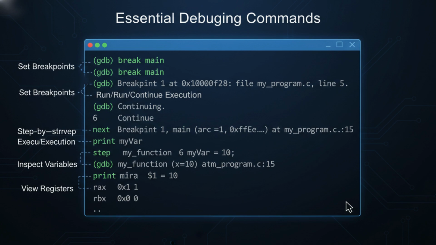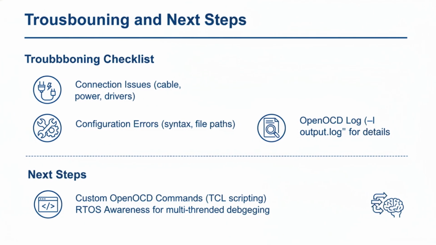Debugging is rarely a smooth process without its hiccups. Common troubleshooting areas include connection issues: double-check your cables, power supply to the board, and debug adapter. Configuration errors, such as typos in your interface.cfg or target.cfg files, are also frequent.